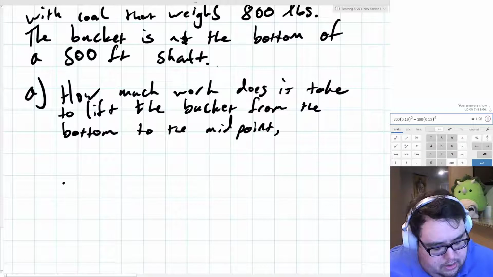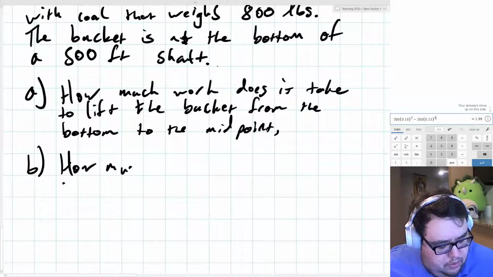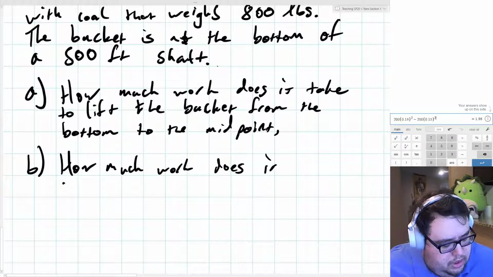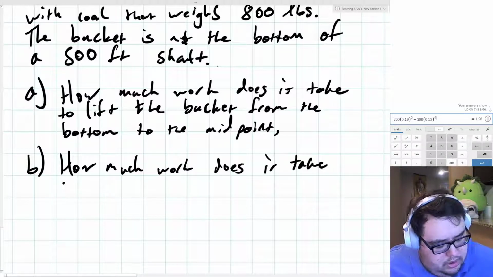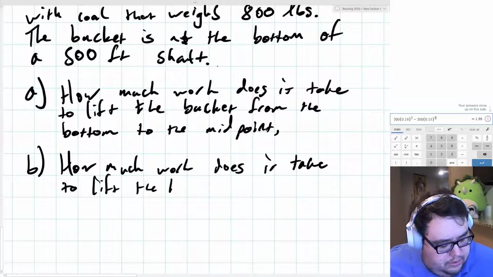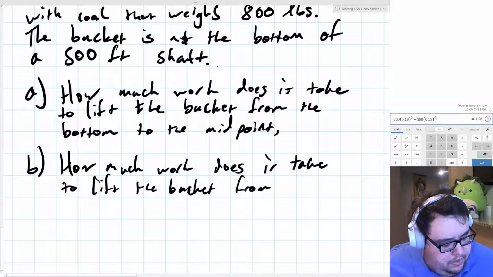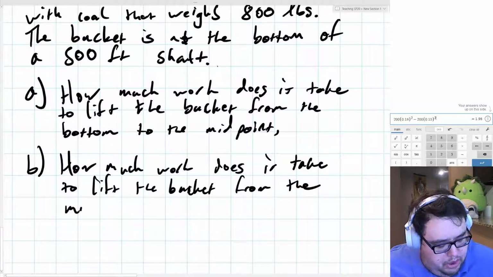And B, how much work does it take to lift the bucket from the midpoint to the top?